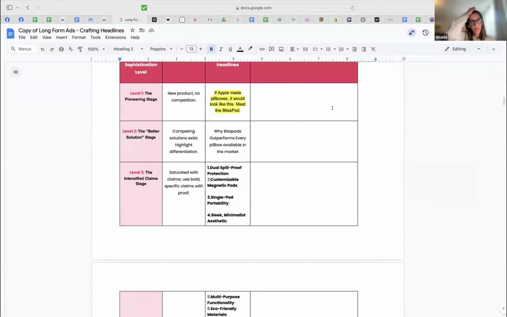I think it does a lot of things, but so far I'm like, okay, Apple pillbox. I didn't know I needed an Apple pillbox. Why do I need an Apple pillbox? I know I'm hammering this point home, but that's what's missing. If Apple made a pillbox, it would look like this, and it would make your life this much easier.